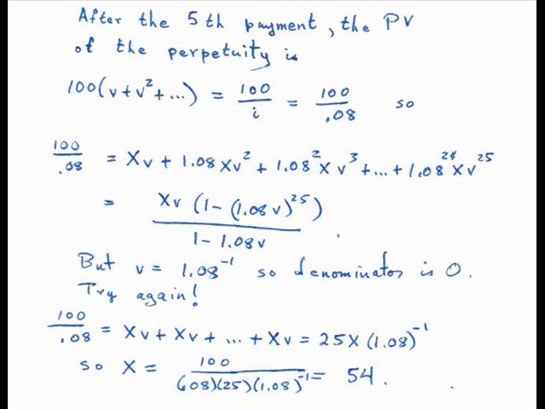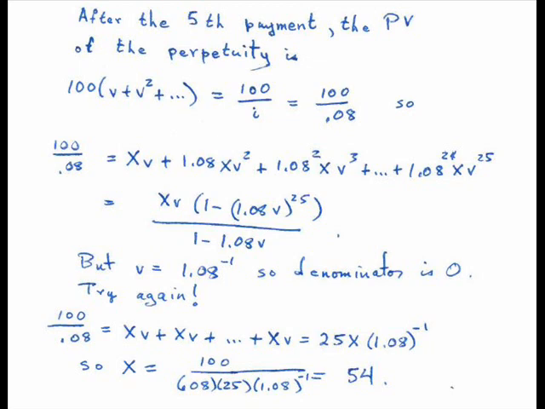So we're looking at our present value, 100 over 0.08, as being equal to XV, because the first payment's 1 year away, plus 1.08X V squared, because the payment's 2 years away. And we keep on doing this for 25 payments. The last payment will be 1.08 to the 24th X, and we multiply by V to the 25 because that payment is 25 years away.